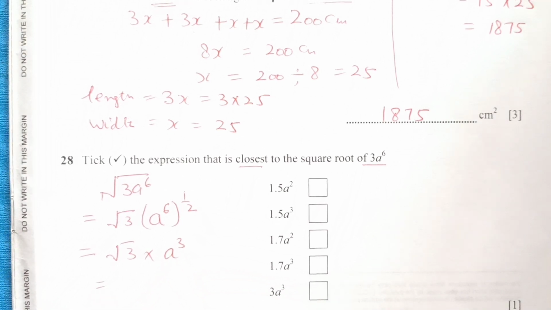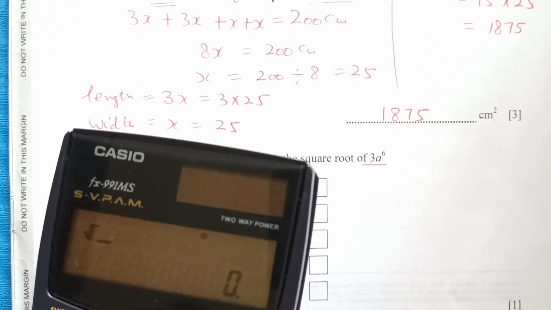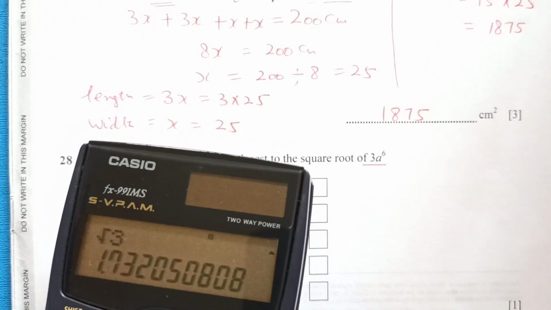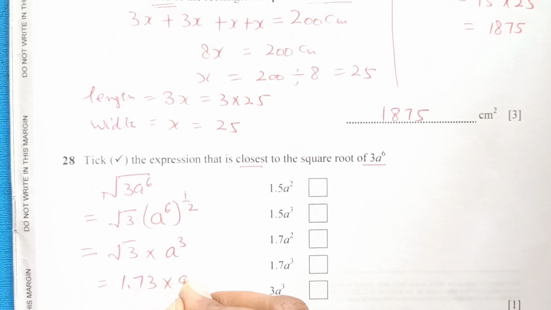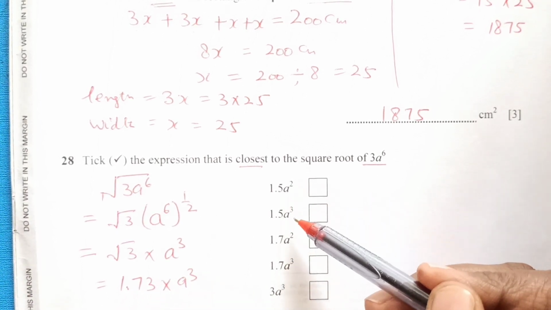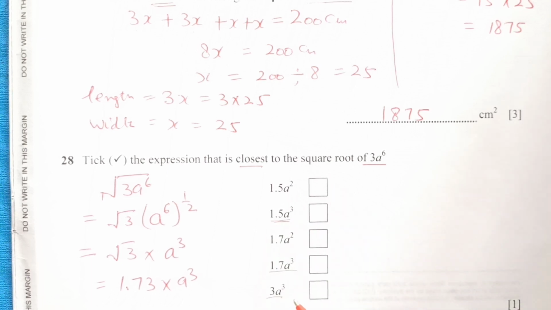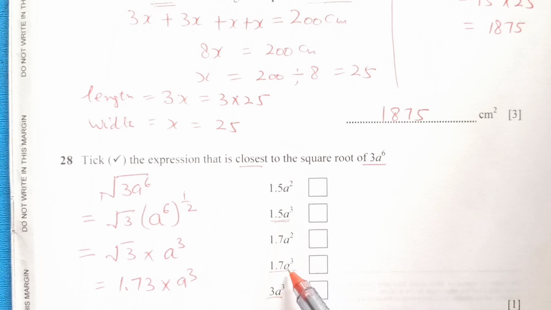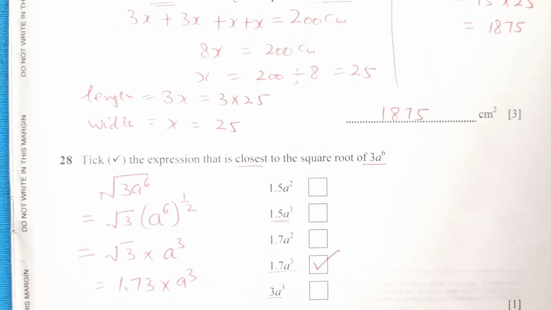Square root of 3 is approximately 1.73. So 1.73 times a cubed. You can see we have a squared here, so not possible. A cubed we have in these three. Which is the closest out of these three? This one, 1.7. So we are going to put a tick around this 1.7 a cubed.